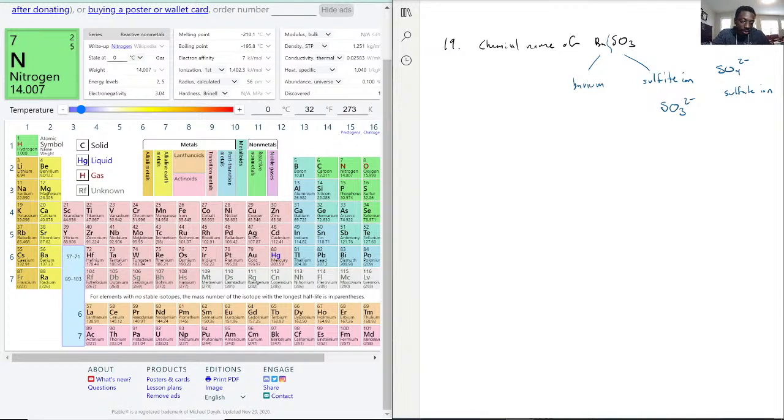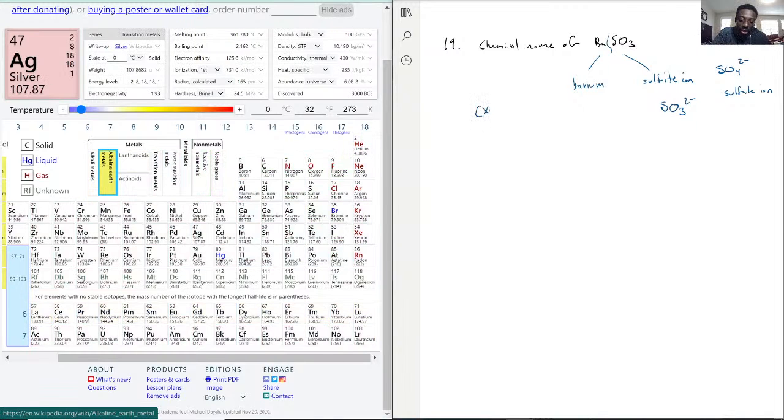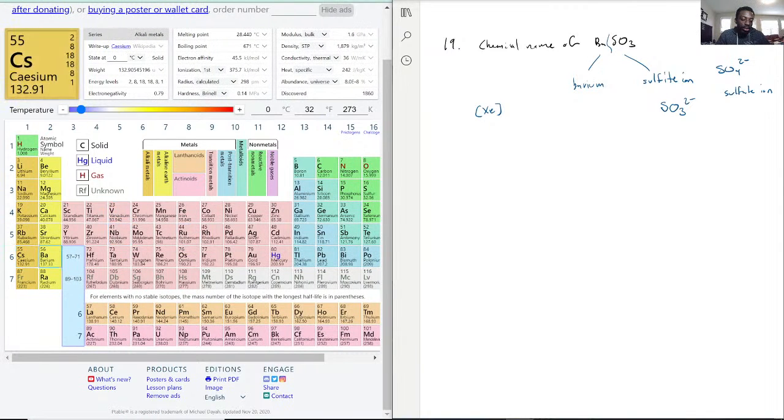And barium is the 56th element, right? If we wanted to do the whole electron configuration, we start at xenon and just have 6s2, because it's in the 6th row, letting us know it only has 2 electrons in its valence shell. It's a lot easier to get rid of 2, so typically it is barium 2 plus. Because these two already balance out, that's how we got BaSO3. Now we just put the names together. We no longer need the ion part, so the name for this chemical is barium sulfite.